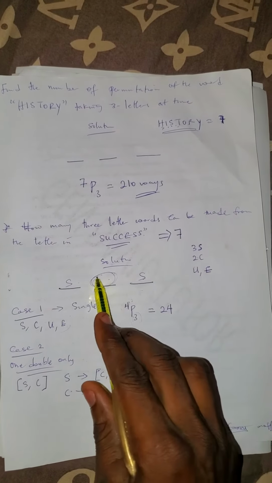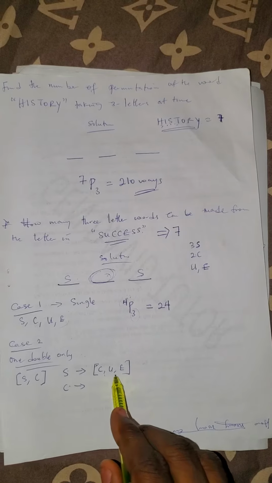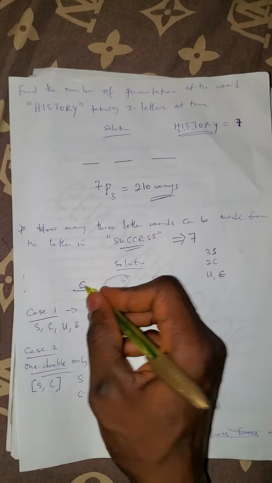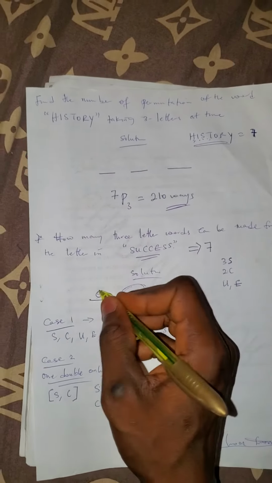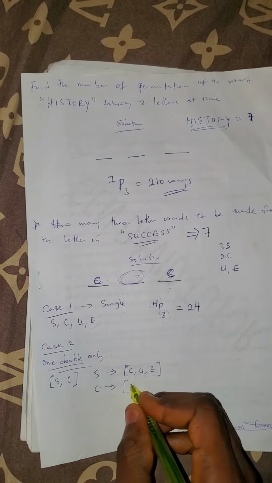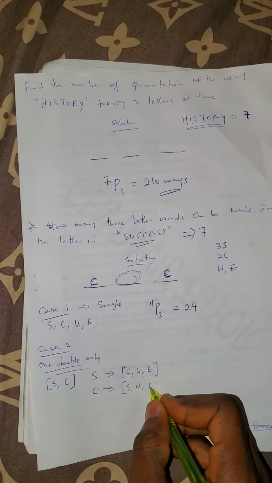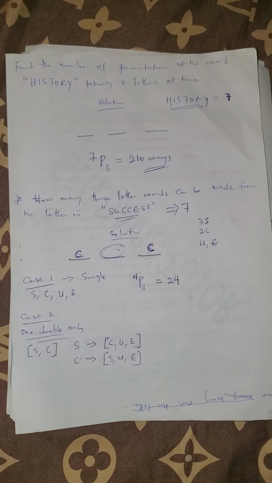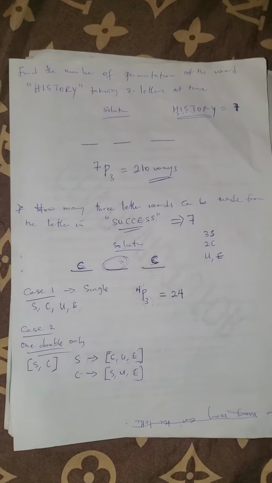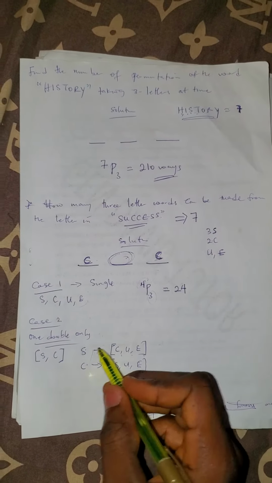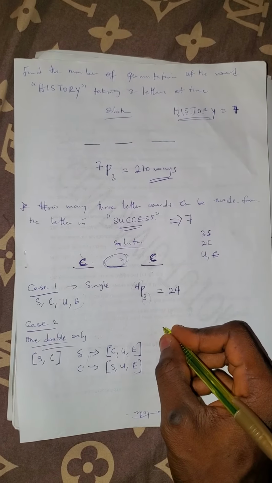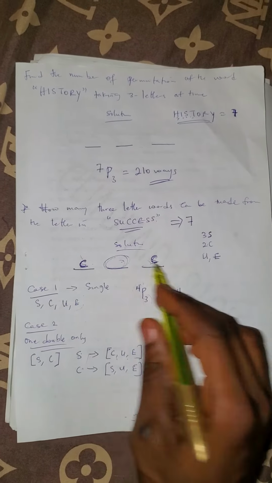For this space, we can either put C, U, or E. And if it is C, then the space can either be S, U, or E, because these two contain the double. Now I want to use C, because C is here. So the space we have here is 3.